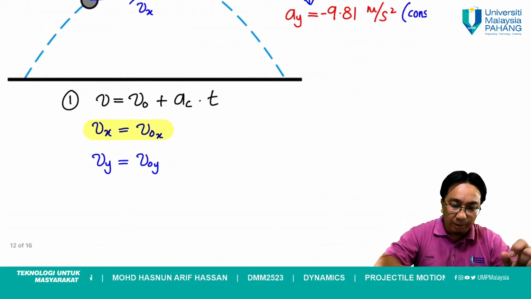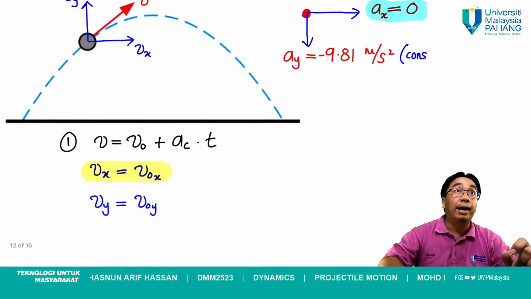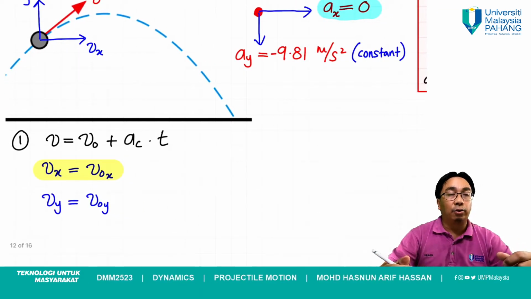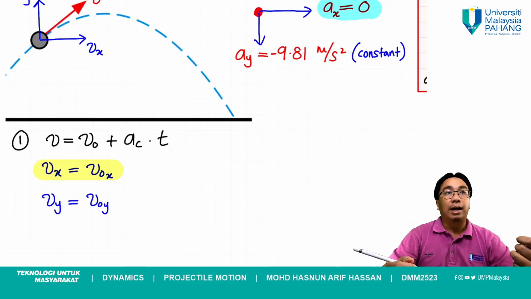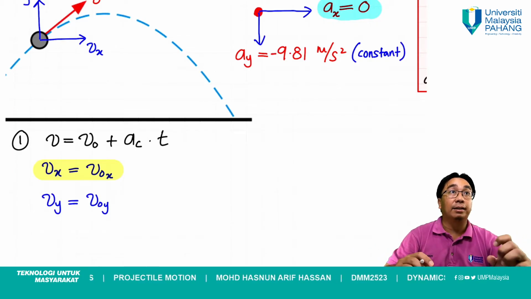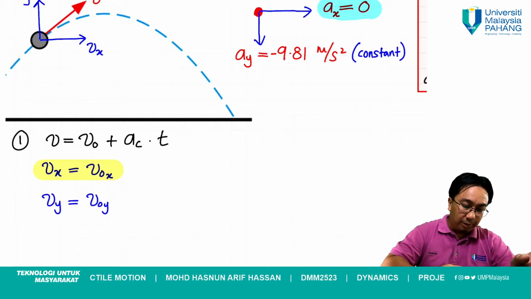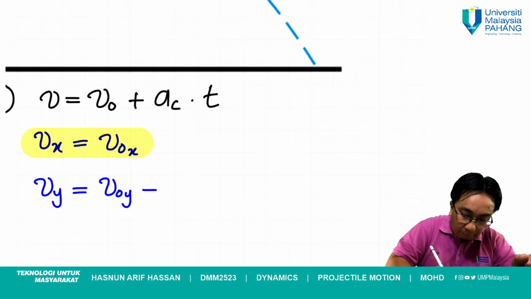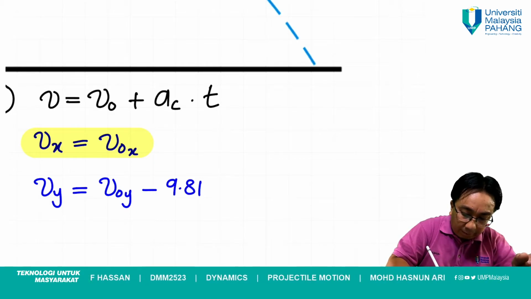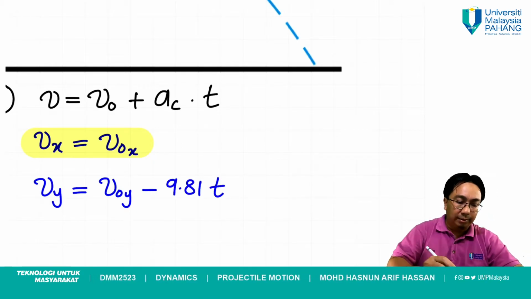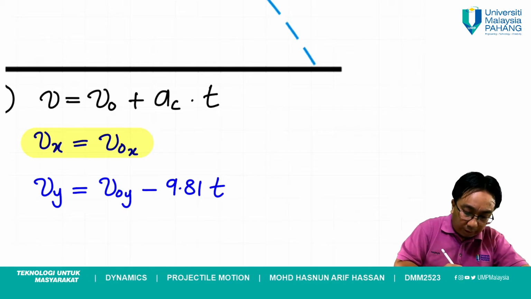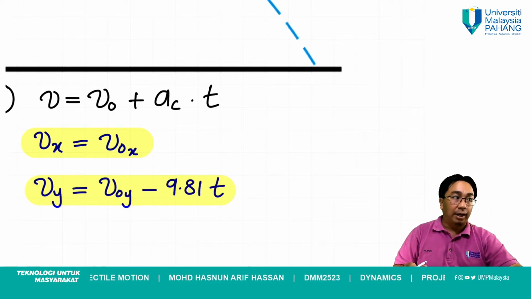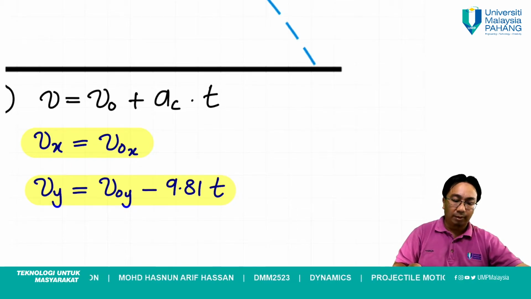Remember dalam case projectile motion, Ax is always 0, whereas Ay is always negative 9.81 meter per second square constant. So di sini what you have is minus 9.81 times T. Okay, this is another equation that you can derive for the case of projectile motion.